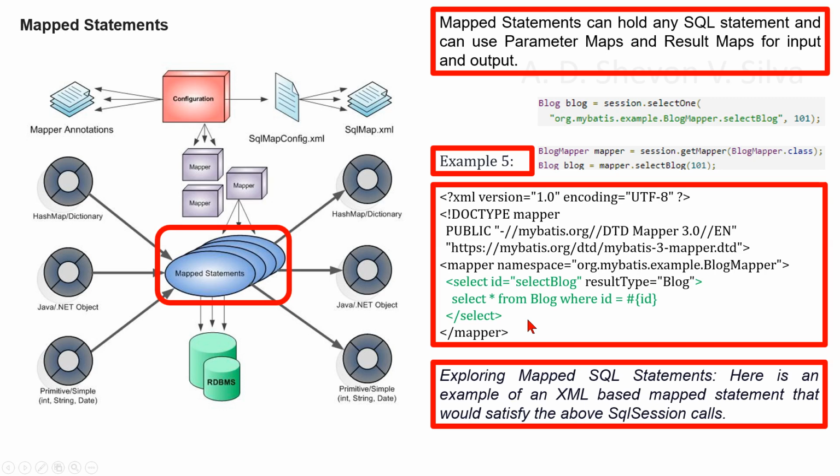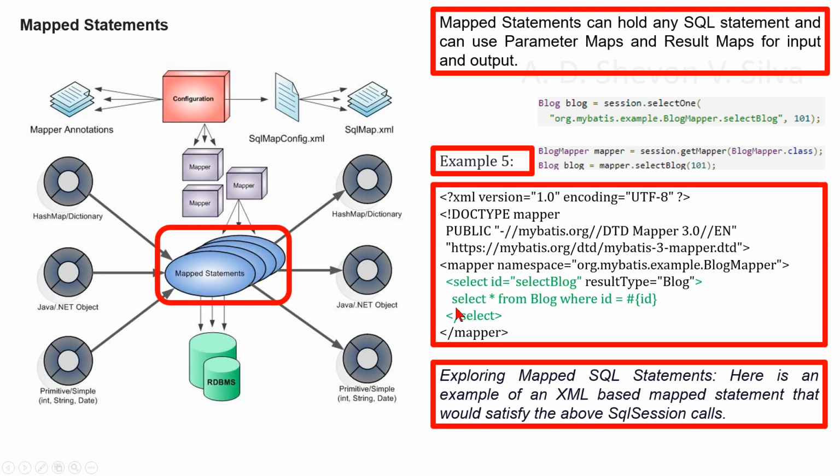While this looks like a lot of overhead for this simple example, it's actually very light. You can define as many mapped statements in a single mapper XML file as you like, so you get a lot of mileage out of the XML header and doctype declarations. The rest of the file is pretty self-explanatory.